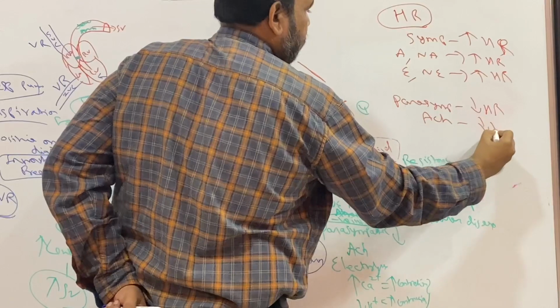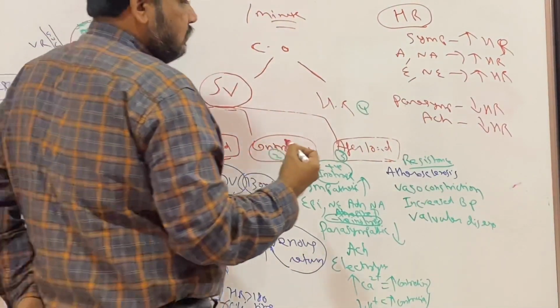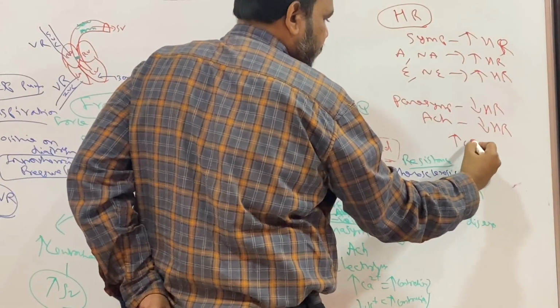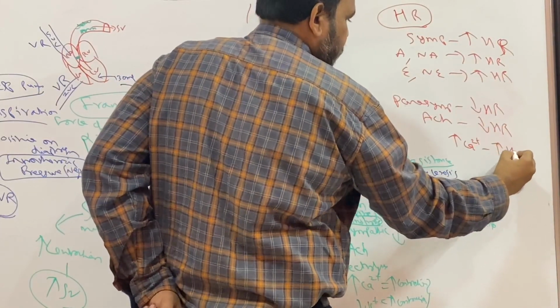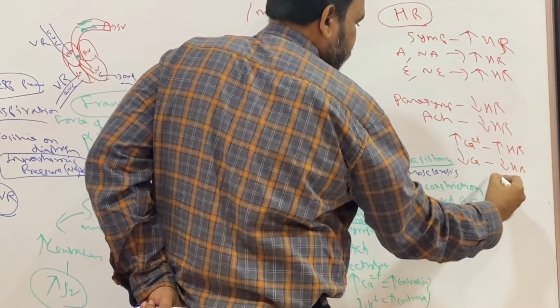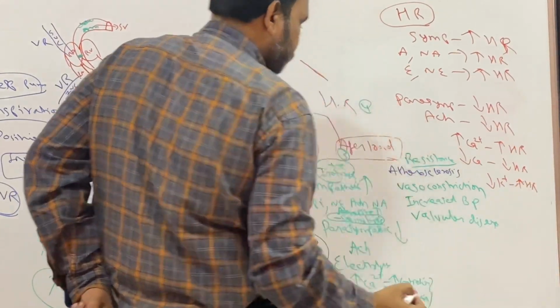Acetylcholine decreases heart rate, and even some electrolytes for that matter. When there is increased calcium, heart rate is increased. Decreased calcium, heart rate is decreased. Decreased potassium increases heart rate.